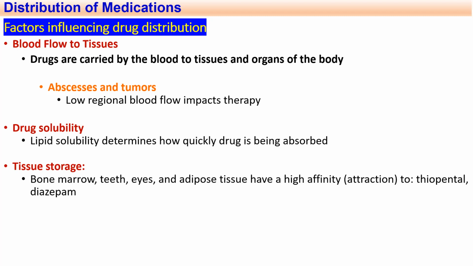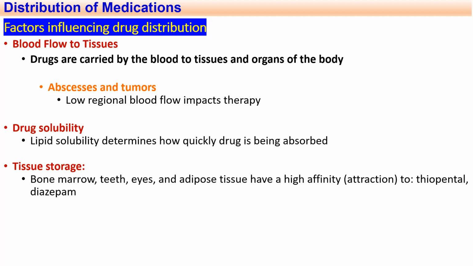Drug solubility: lipid solubility determines how quickly the drug is absorbed, mixed within the bloodstream, crosses the membrane, and becomes localized in the body tissues. Tissue storage: the drug may have high affinity with certain areas or tissues in the body.